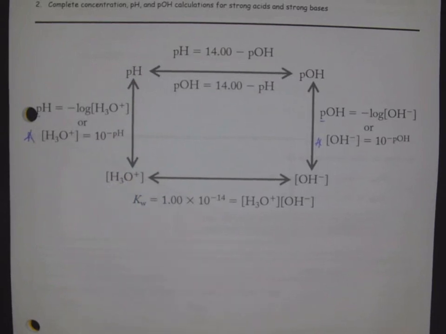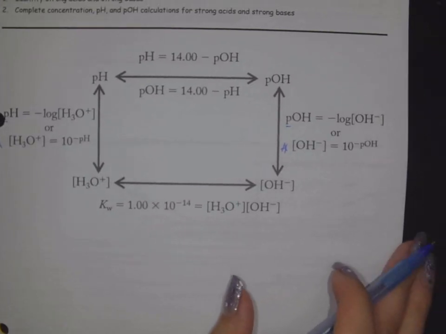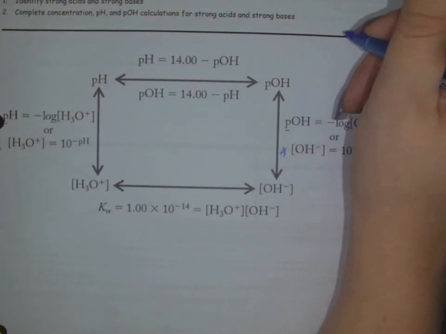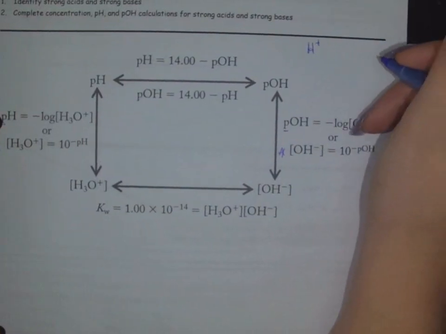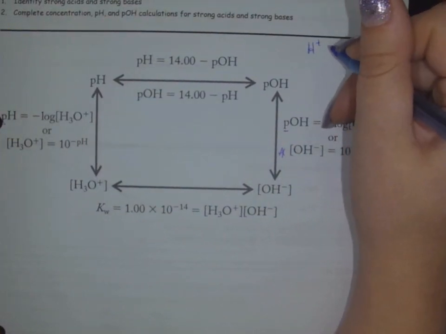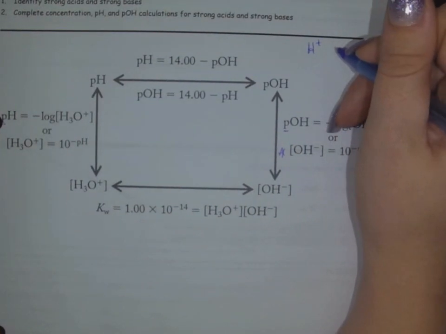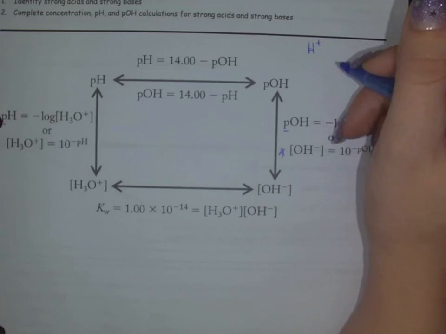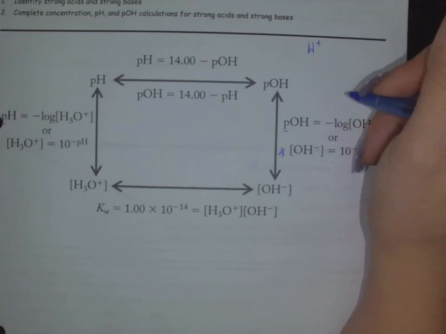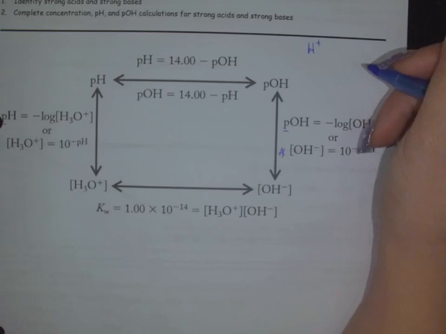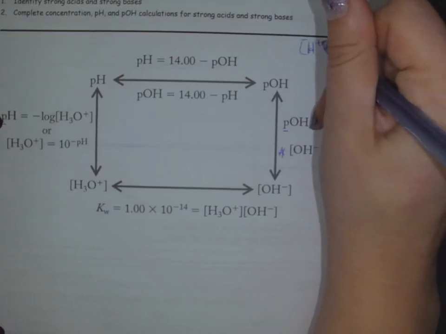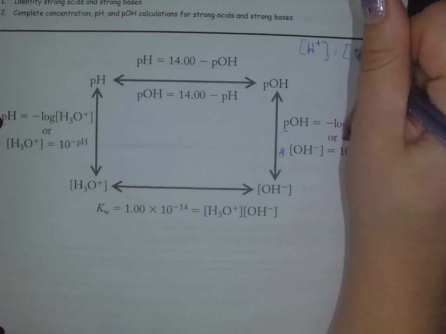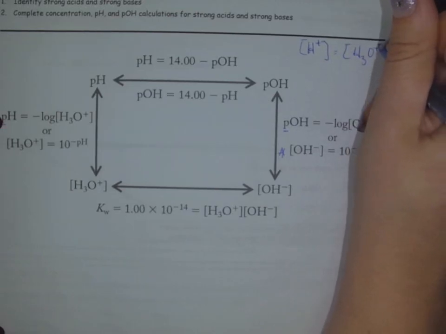Now, before I continue, I'll show you an example of this in just a moment, but reminder that H+ ions can be exchanged for hydronium, meaning the concentration of H+ is always equal to the concentration of H3O+.